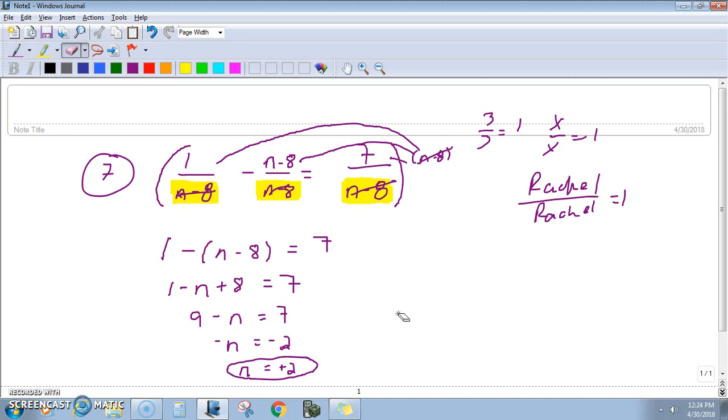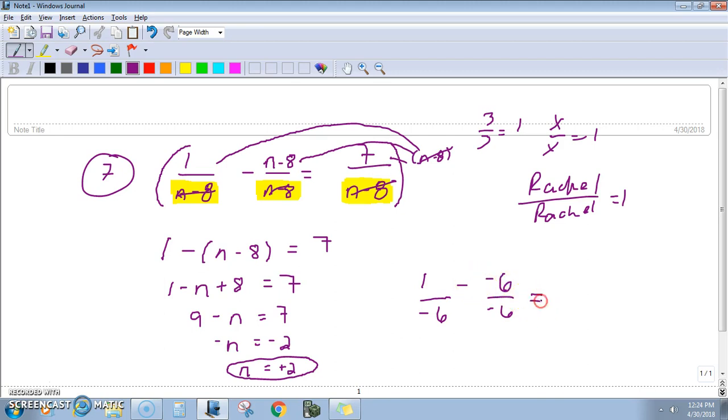So if n was 2, that means that every denominator would be negative 6, okay? But let's just look at the left-hand side. This numerator is 1 minus negative 6, right?